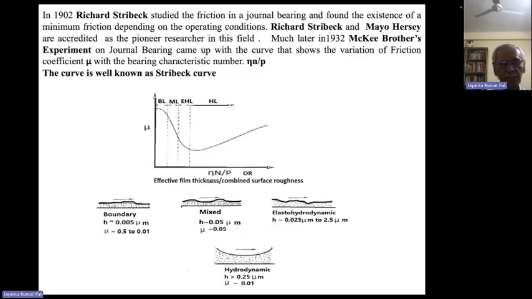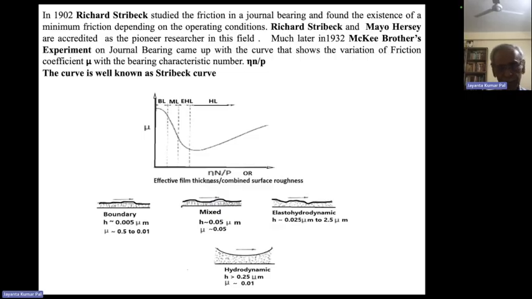Then comes the hydrodynamic zone, which is on the rightmost side of the curve. This is the hydrodynamic zone. Here, the lubrication film thickness is fairly high and is of the order of 0.25 micron or more. And coefficient of friction is fairly low, of the order of 0.01.